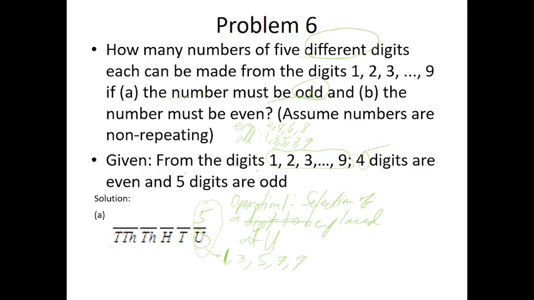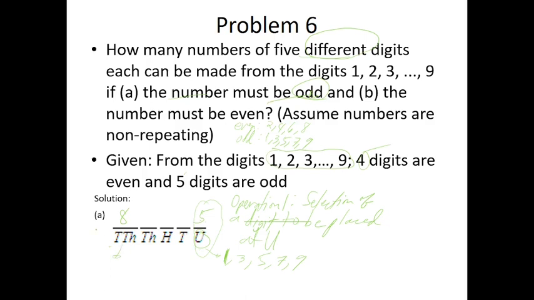Therefore, we have only 8 options left because there are 9 digits and 1 is already placed at the units place. Therefore, there will now be 8 options.